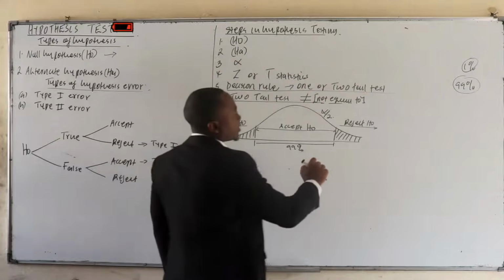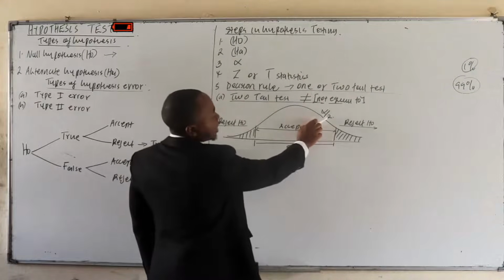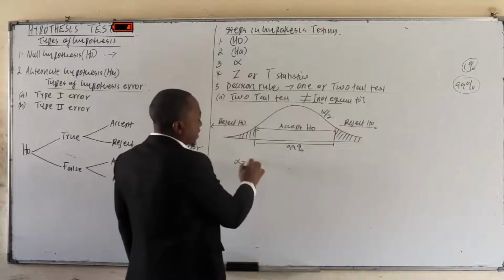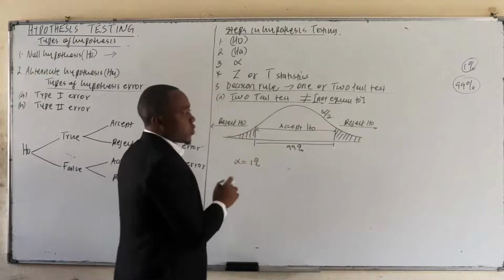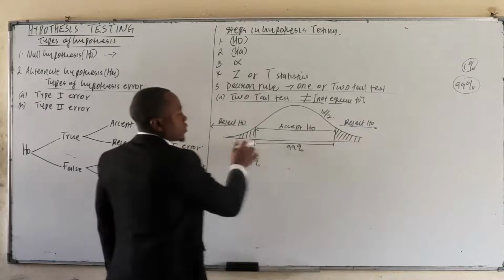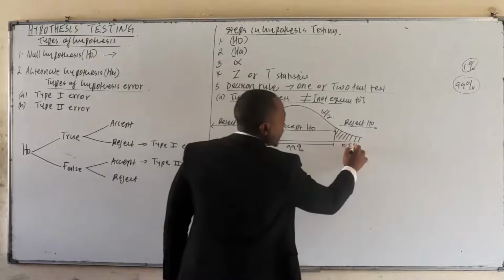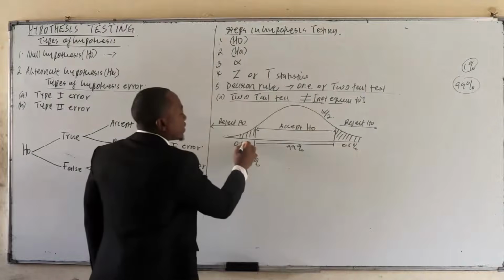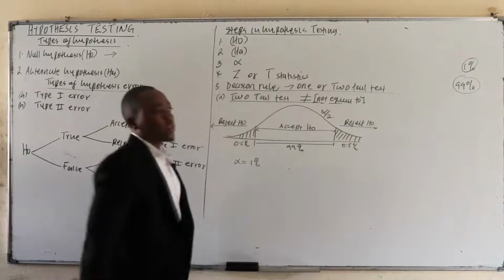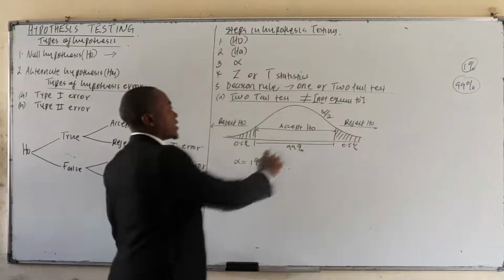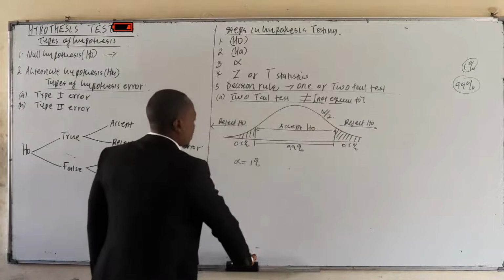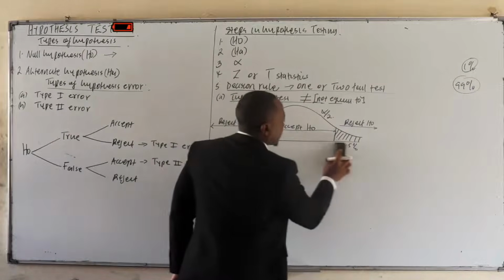So you take alpha over 2: if the significance level is 1%, you divide it by 2, so each tail carries 0.5%, and if you add that up you get 100%. That's why we use alpha over 2. So that's the two-tail test.